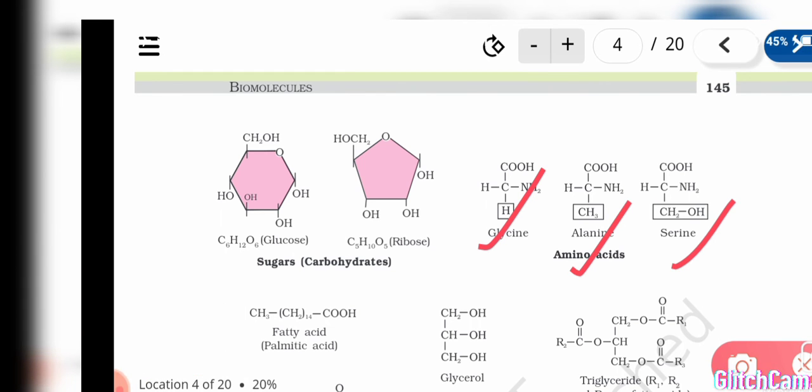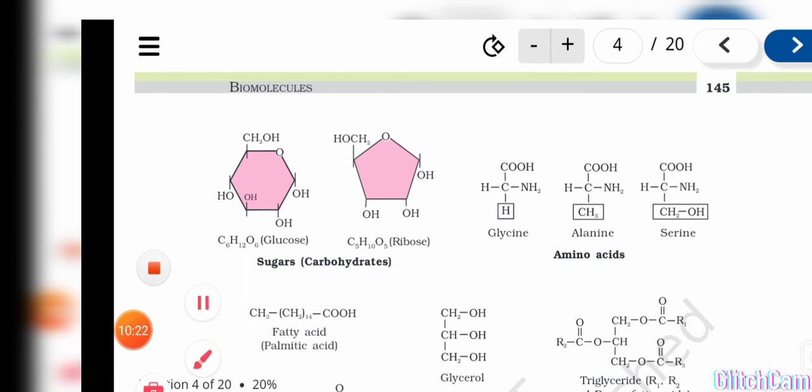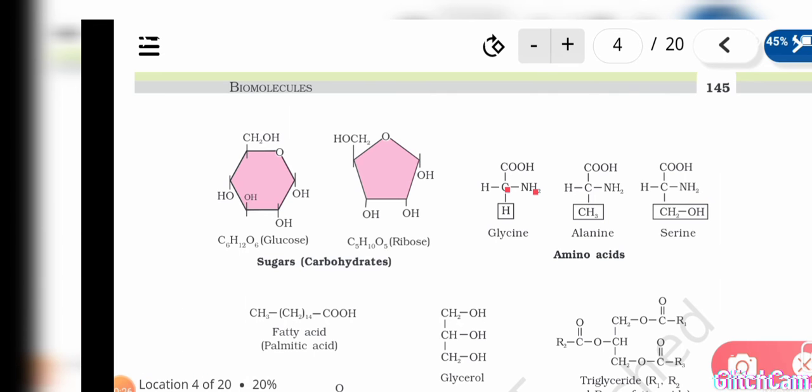So these are amino acids. You can see it is a substituted methane, I told you, isn't it? Carbon with 4 valencies filled by hydrogen atoms in methane.